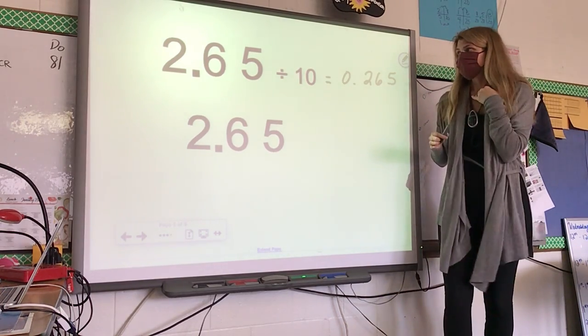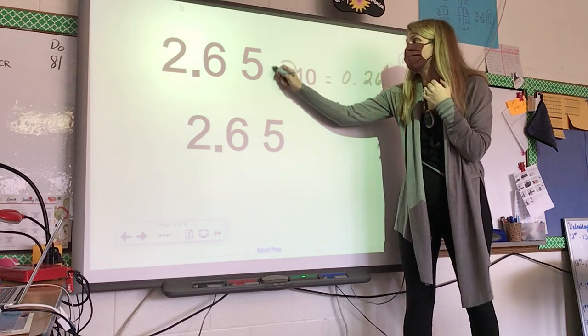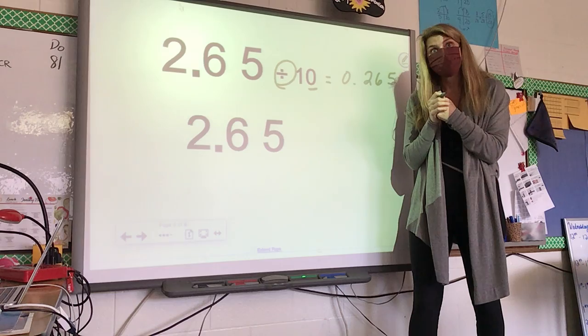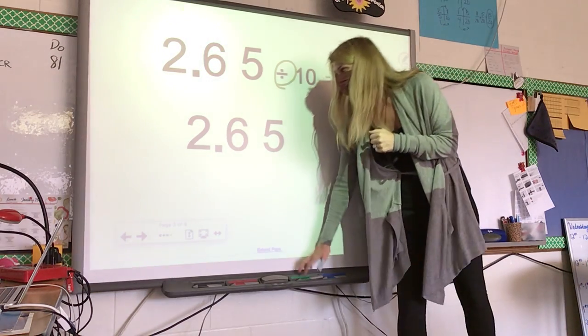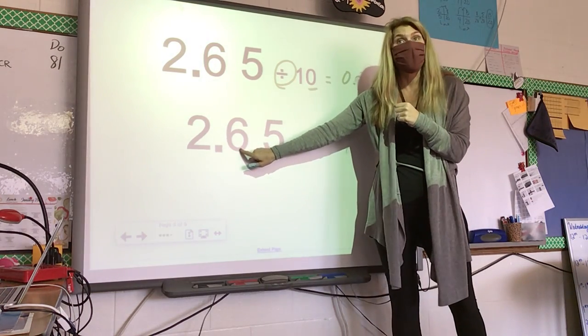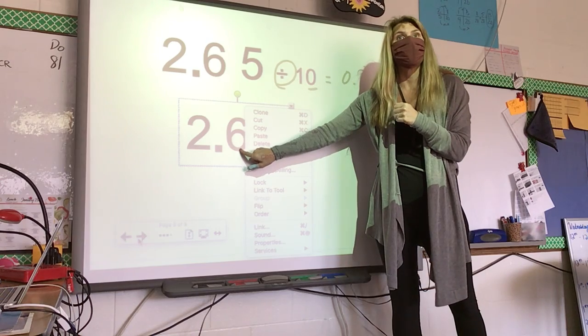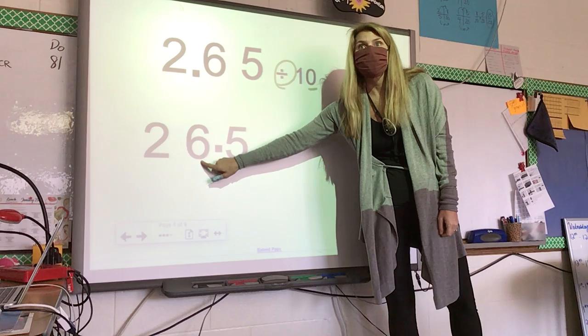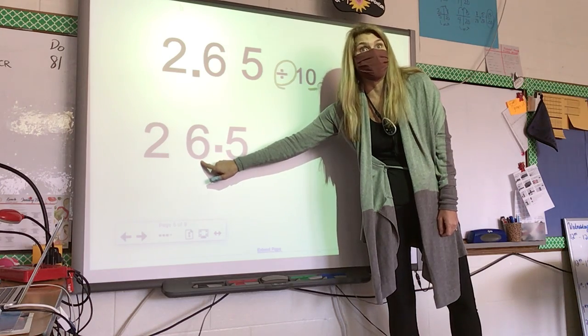And this says we need to decrease by 1 place value. So, I need to make this smaller. So if I go this way, what am I doing? If I go this way, what am I doing? I'm multiplying it. I'm increasing it.